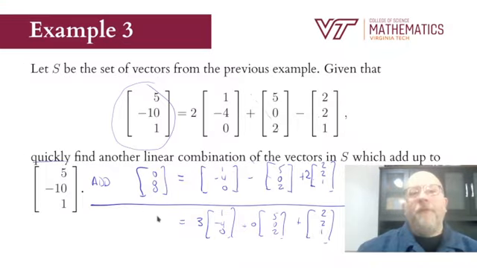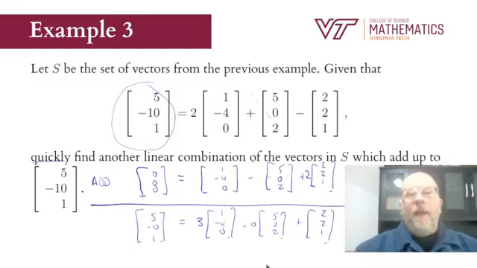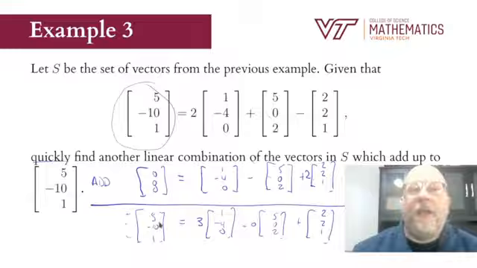And this plus 0 is just the original vector, 5, -10, 1. Let's see how that works. Does that check? 3 plus 0 plus 2 is 5. -12 plus 0 plus 2 is -10. And 0 plus 0 plus 1 is 1. So that does check.